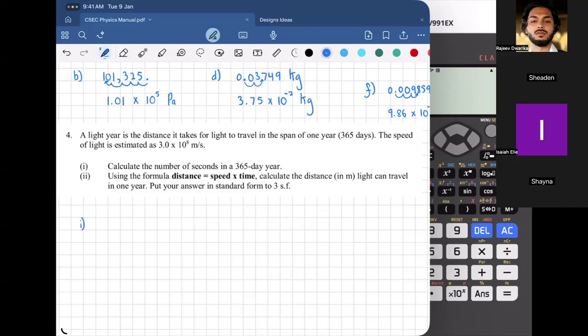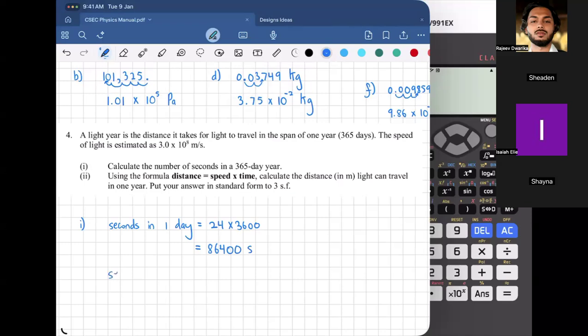3600 times 24. So in 1 day, we have 24 hours, and in 1 hour, there's 3,600 seconds. 24 by 3,600 will be 86,400 seconds, but is that the final answer?